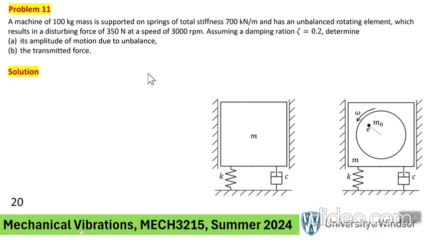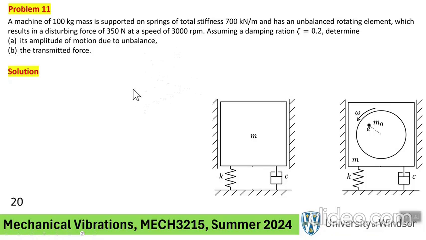In other words, we solved the mother of all equations, which is m x double dot plus c x dot plus k x equal to F naught, for example, cosine of omega t, or F naught sine of omega t. And we knew everything about it.